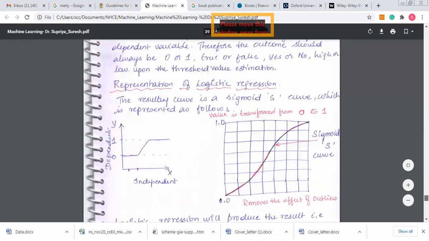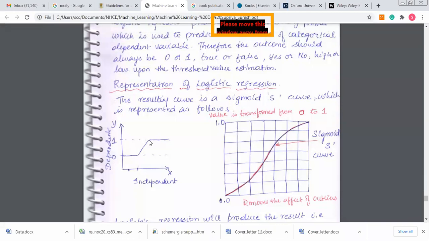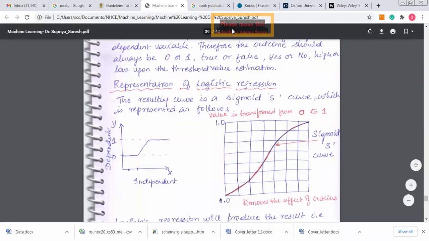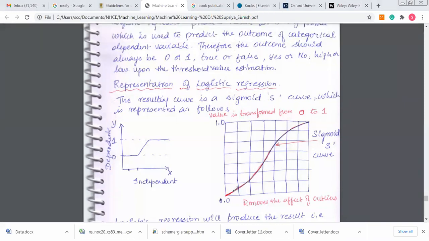And now for the representation of the logistic regression, we found sharp edges over here. So in order to have a smooth transition, we use this sigmoid curve. The resulting curve is a sigmoid, which is an S curve. You can see it is so smooth. The curve from 0 to 1, compared to here, where we had these sharp edges. To overcome that, we are using this smoothened curve.